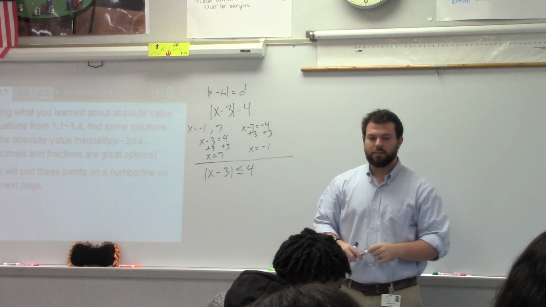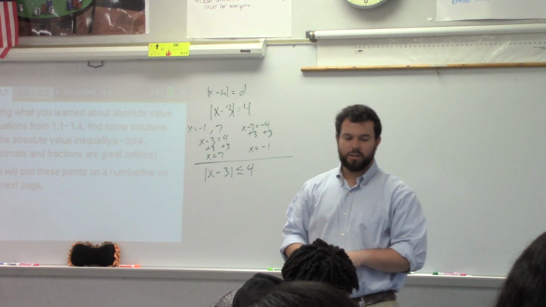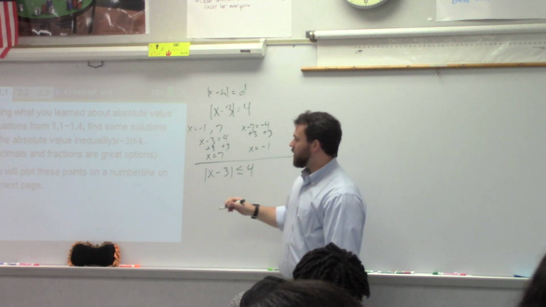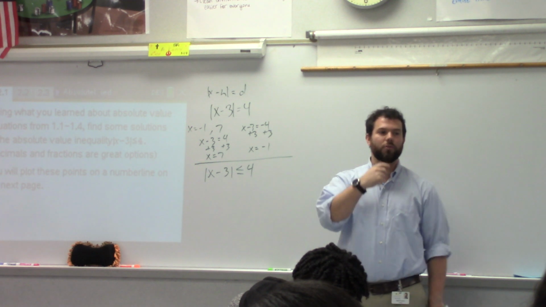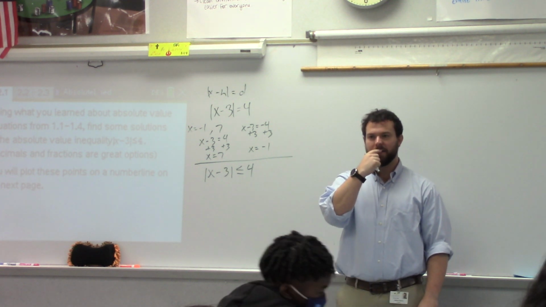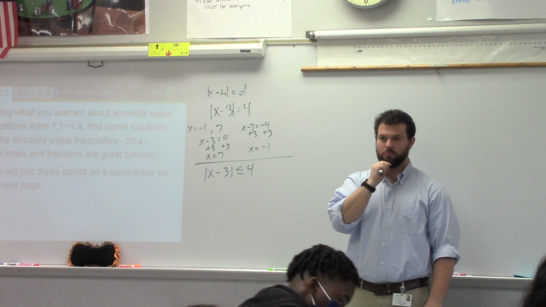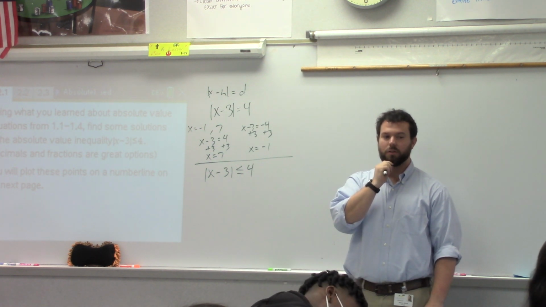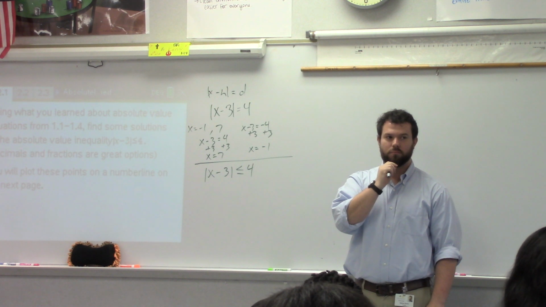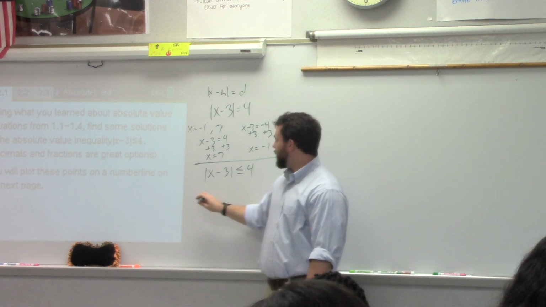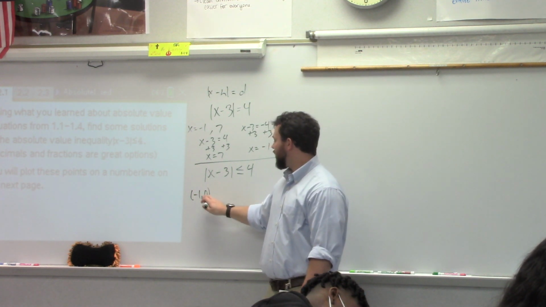So go to the next slide, or the next page on yours, where you can see a number line. What is a number that is less than 4 units away from 3? What number? -1. Okay, that's exactly equal to, so you could put a point at -1 comma 0.